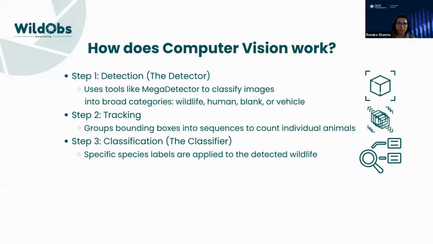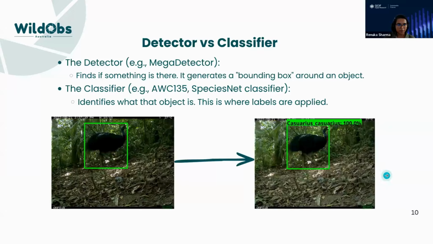If there's wildlife or an animal present, we crop out that part of the image, and then we track those crops across consecutive images and create a sequence out of it. And on top of that, we apply a classifier which provides a label to these crops.